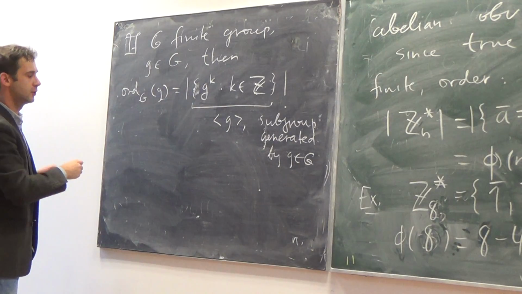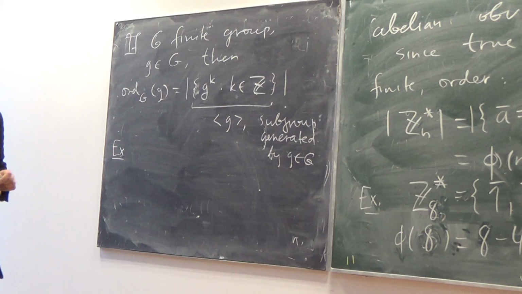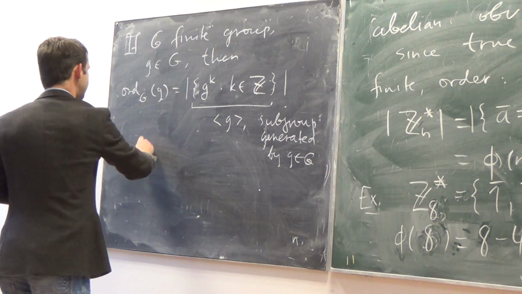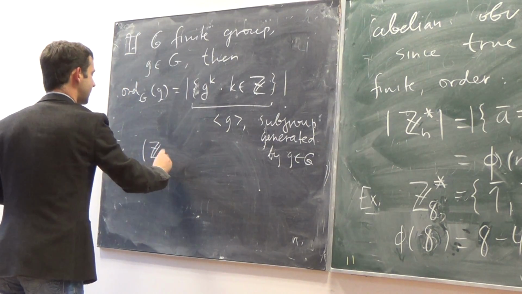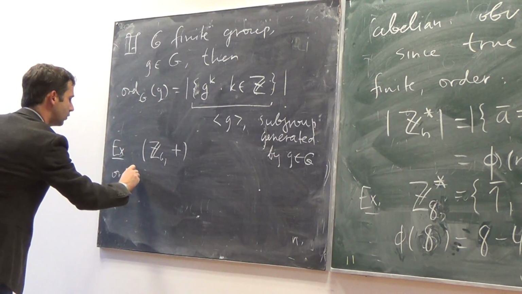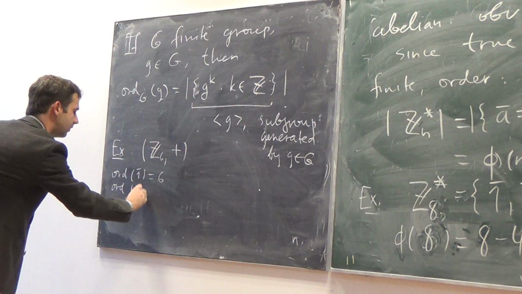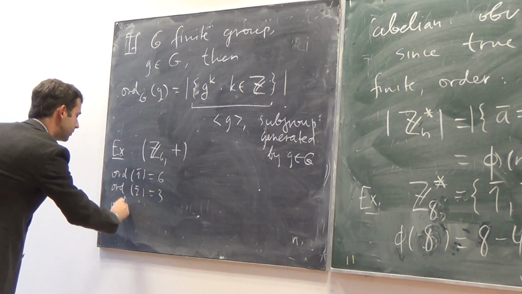That's the basic fact, and I prove it in the notes, so let's do an example. The first example is Z6 with a plus, and we had some interesting orders there. The order of 1 was 6, the order of 2 was 3, and the order of 3 was 2.